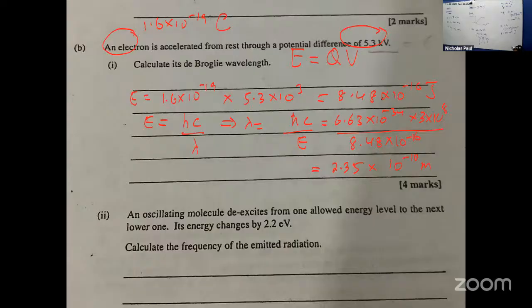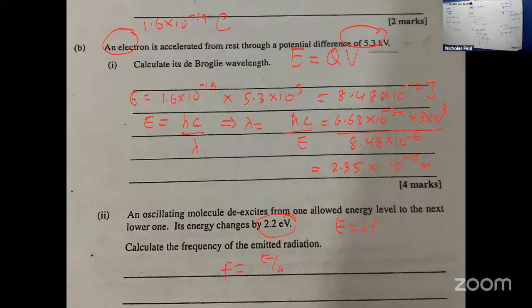So an oscillating molecule de-excites from one energy level to the next energy level, and the change in energy is that. Find the frequency. What's the formula we're going to use here? E is equal to, yeah, correct, hf. f is equal to E over h. But what's the problem there?